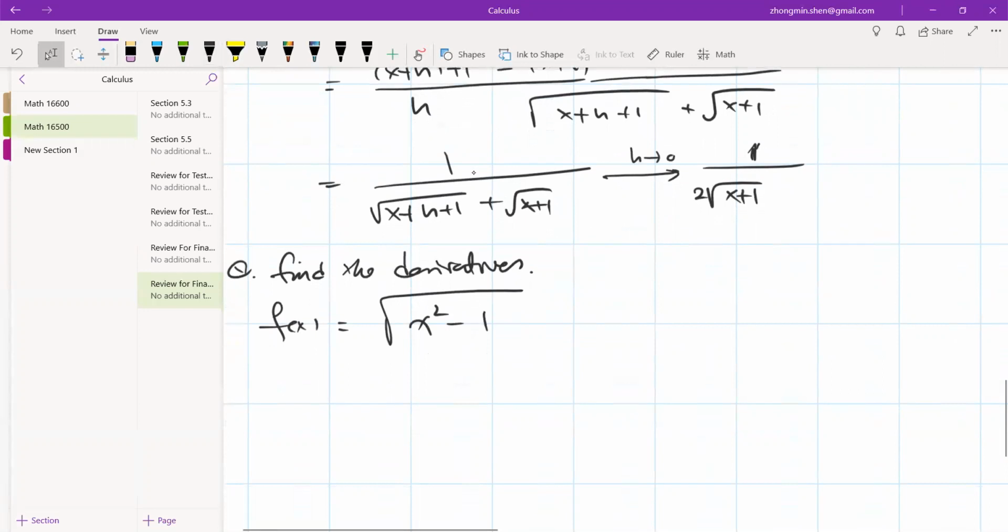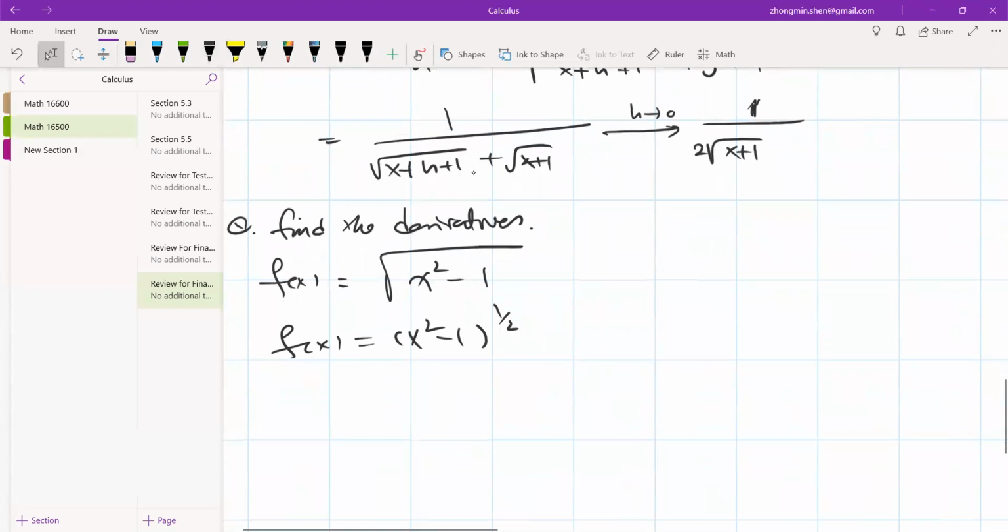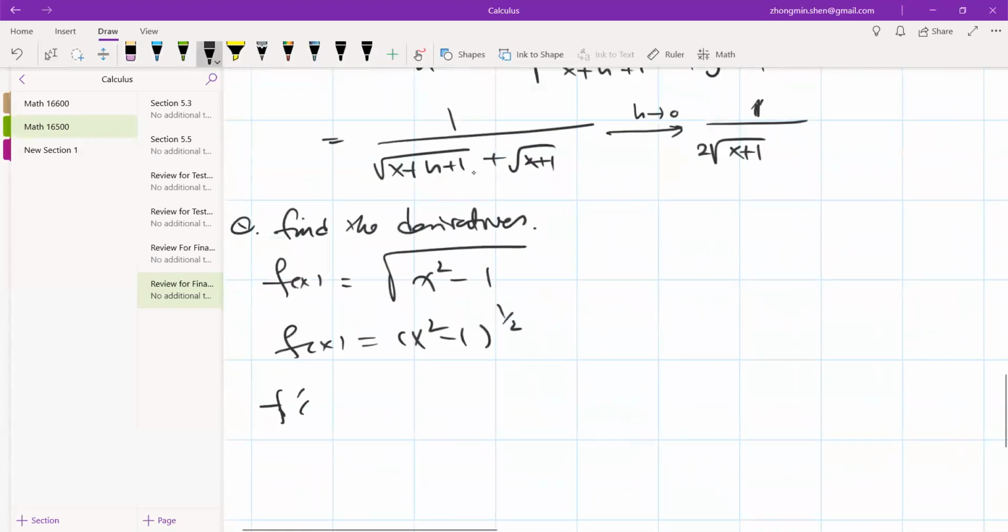If you do it directly, this can be written as x squared minus 1 to the 1/2. So when you differentiate, that's a more direct way to do it. You view it as a power function, right? I remember the power function derivative with respect to u is 1/2 u to the negative 1/2. I'm going to use that.